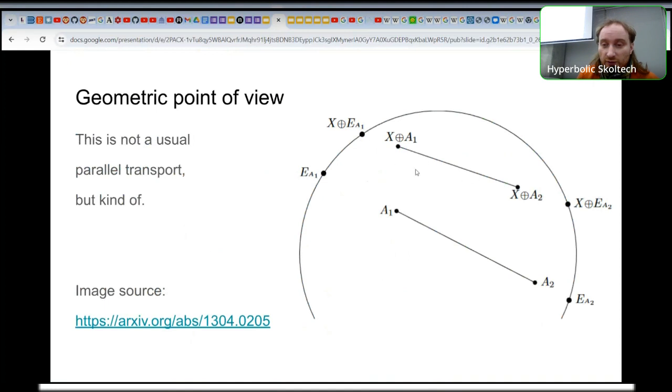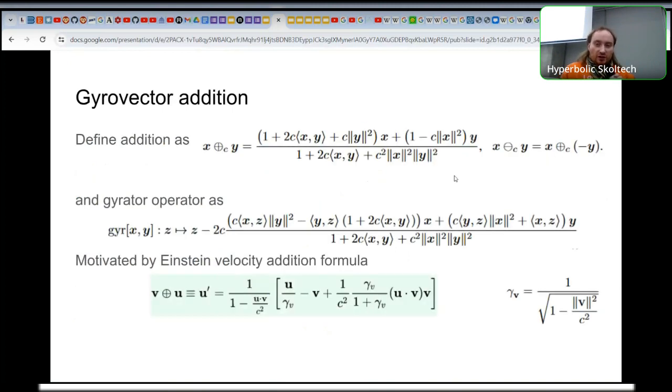So if you are taking 2 points A1 and A2 and the ideal points for the line which connects them, then if you take the gyrosum, actually the gyrosum will be inside the ball somehow, even this one.